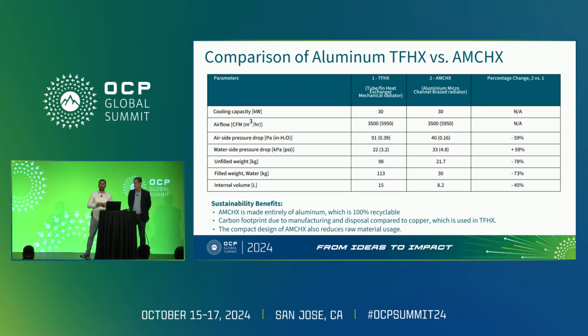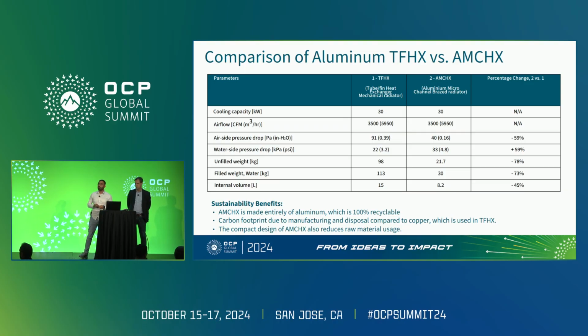But we gain 59% in the air side pressure drop. So the increase of power consumption of the pumps is equal to the decrease of power consumption on the fans.